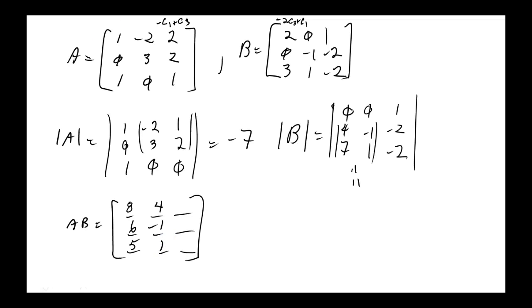Last but not least, 1 4 positive 4 would be 1. 1, right. 0 -6 -4 would be -10. And 1 plus -2, which is -1. Okay. Now we need to take the determinant of that one.